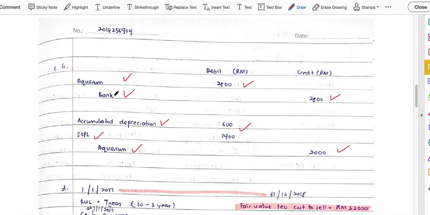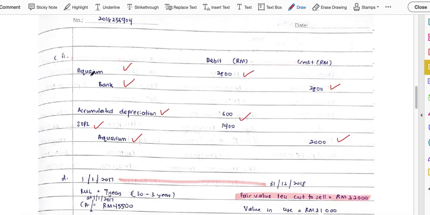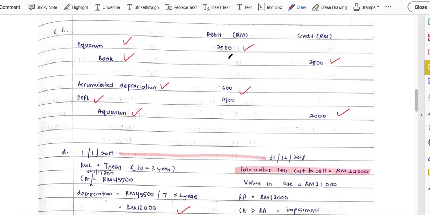If it says they bought the new pump by credit, you have to credit accounts payable. But this one is a cash basis, I think. Does it mention anywhere? If it is not mentioned whether cash or credit, you can put either bank or accounts payable. Both are acceptable if it's not mentioned. So you debit aquarium, increase your PPE, and you credit your bank by the cost of the new component.